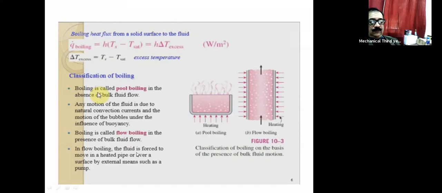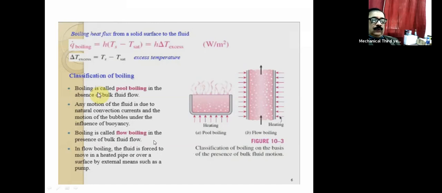In flow boiling, the fluid is forced to move in a heated pipe. As you can see here, heating is done from all sides, and the fluid is forced to flow through this particular pipe by means of some external device such as a pump, through the already heated pipe.